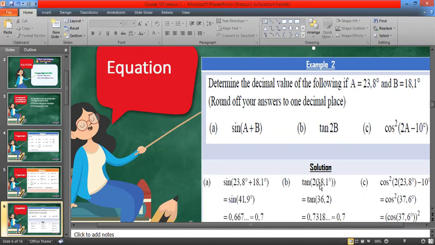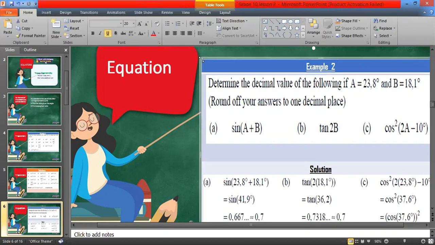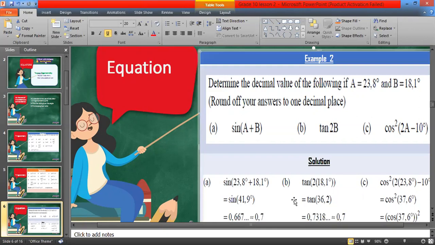You'll have tan 2 times 18,1, which is the same thing as saying tan of 36,2. Right, so if you find tan 36,2, then it gives you 0,7318, which you can approximate to one decimal place as 0,7.